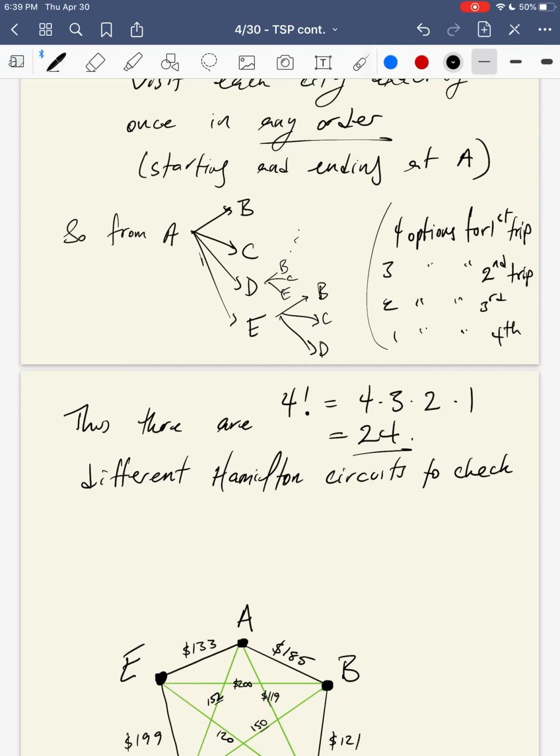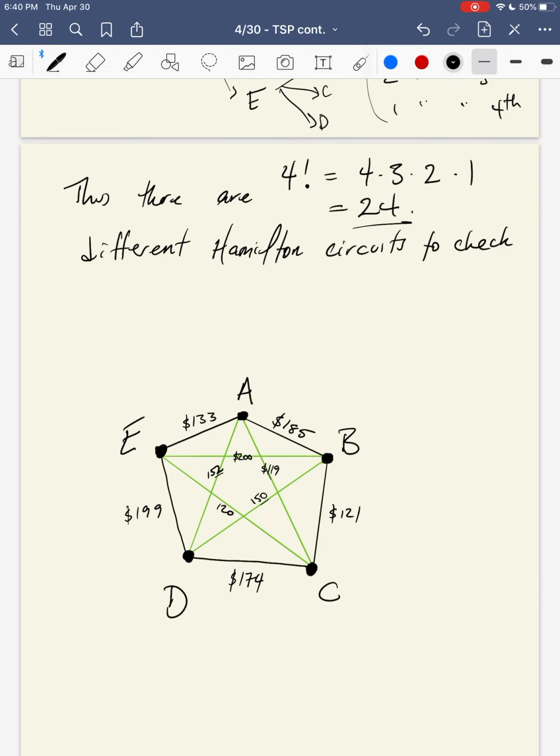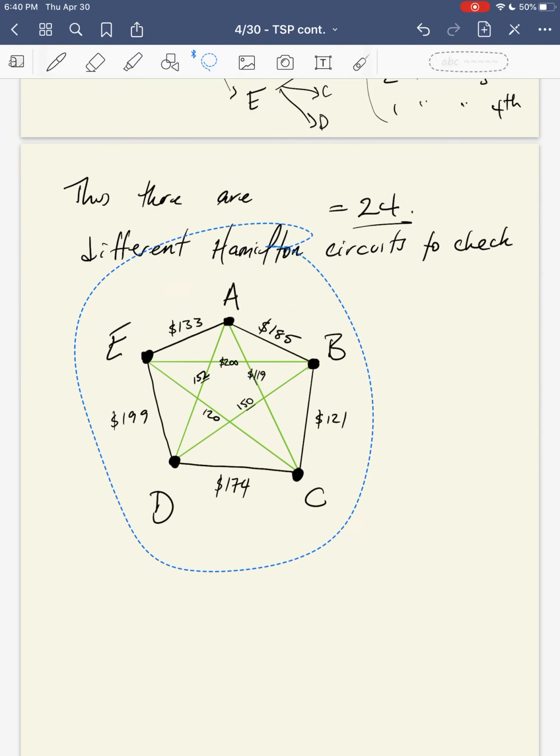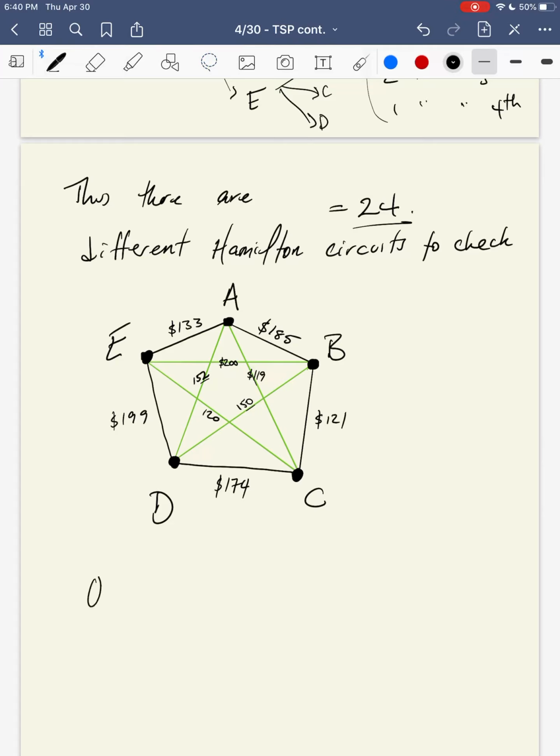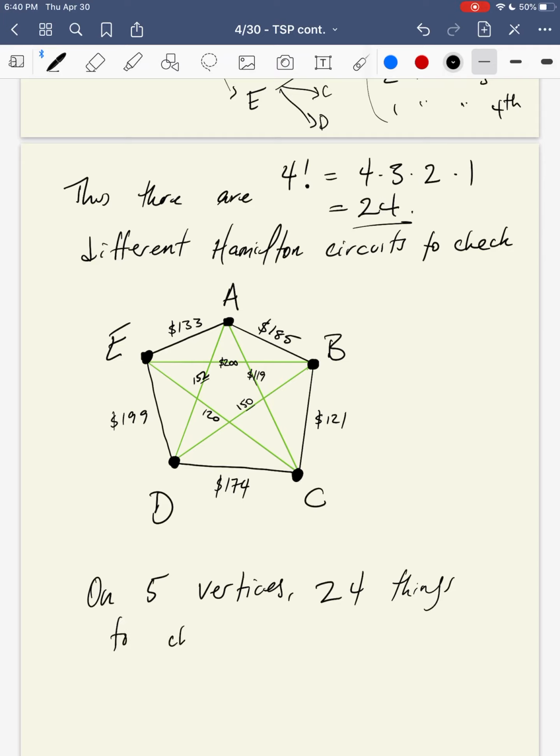That's not so bad, but it's still enough that I don't really want to do it. I won't sit here and do it for you by any means. So on 5 vertices, 24 things to check is not so bad.